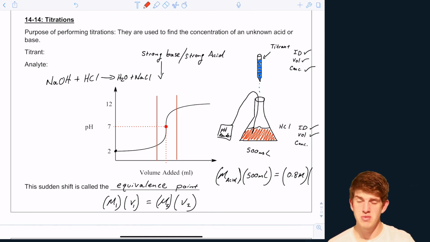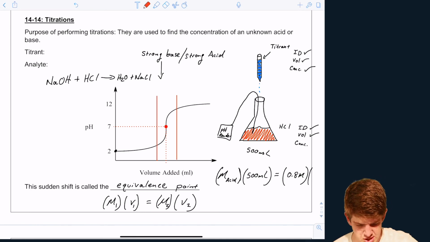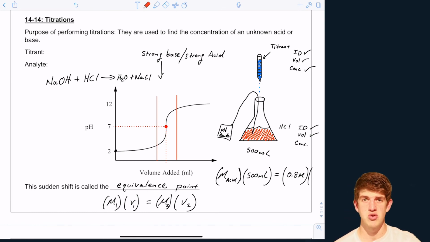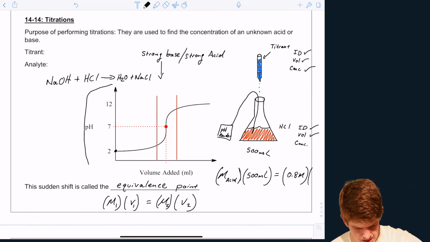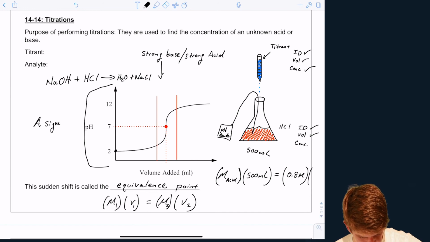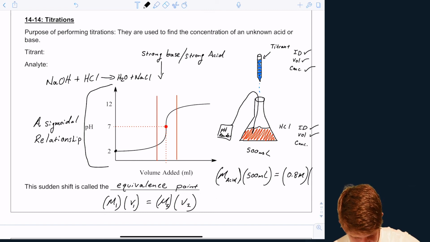What you might need to know is that this graph for a strong base, strong acid titration curve follows a sigmoidal relationship, or it's a sigmoidal curve. That just describes this shape that we have here.